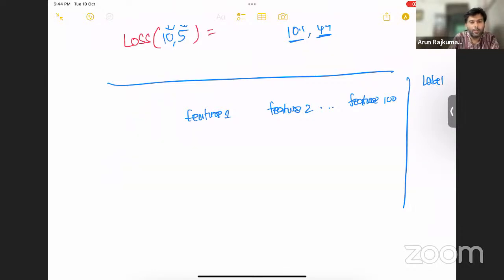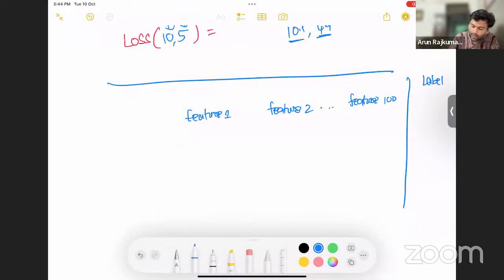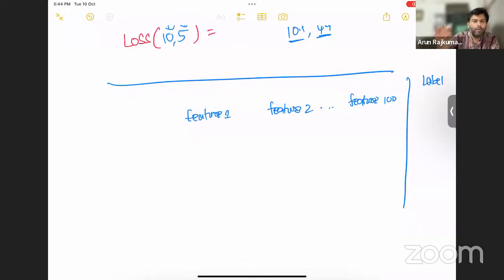Now I want to find out some weights, whatever we were calling as price of apple, price of orange, and so on. I can generalize that and say that I want to call that weight of feature 1, weight of feature 2, and weight of feature 100. If you have 100 fruits, then it will be 100 features, 100 prices, that will best explain my label.